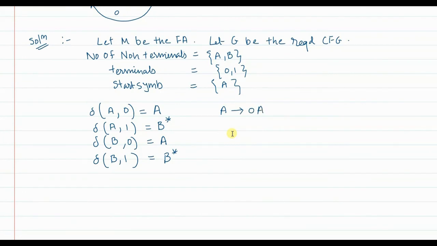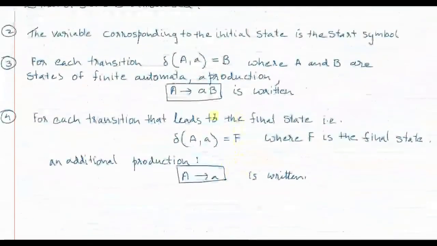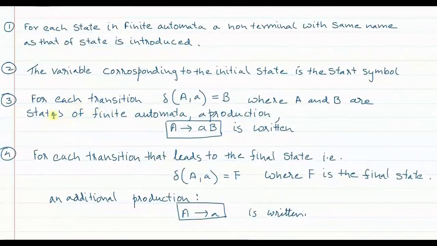Similarly, production for the second transition is A gives 1B. Production for the third transition is B gives 0A, and for the fourth one it is B gives 1B.